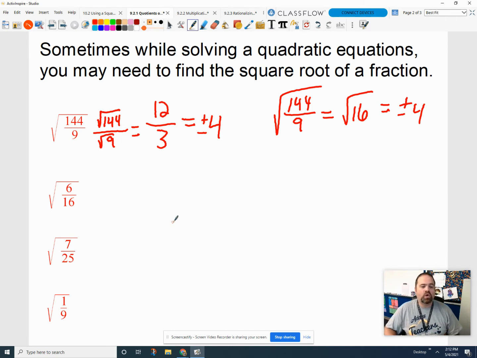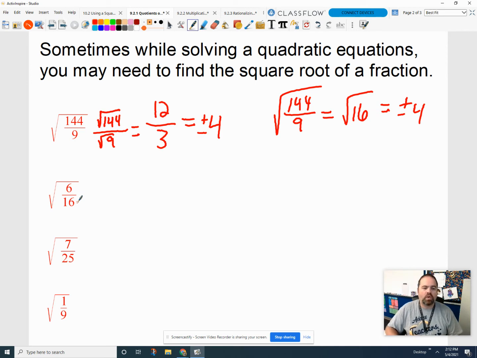The ones that I picked for today, if you split them up and do the top and bottom separately, they're all going to work out that way. The reason why I would encourage you to do that is because on this next one, if you simplified your fraction and then tried to take the square root, you can't take the square root of, say, 8 in the denominator.